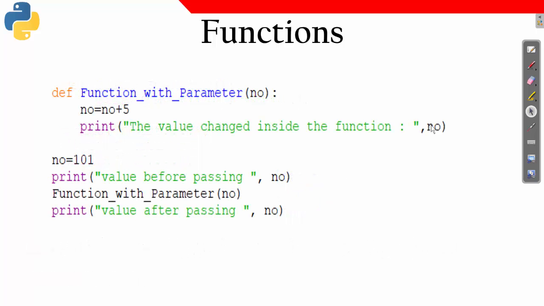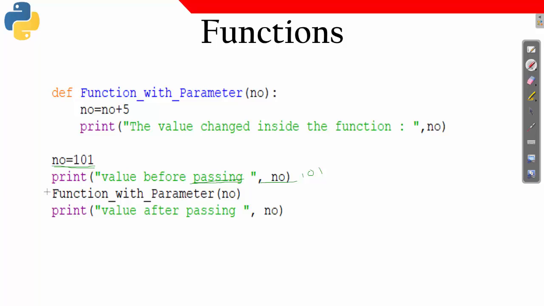Now can you tell me what will be the output of this function with a parameter? I can pass a parameter here. What I am having here is a value, number equal to 101. I am printing the value before passing. So this statement will print 101.